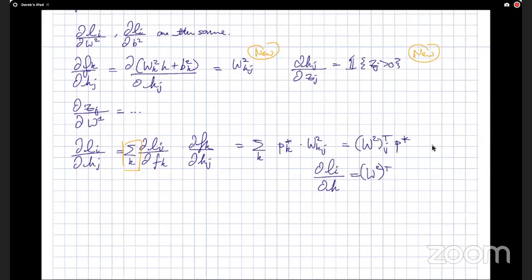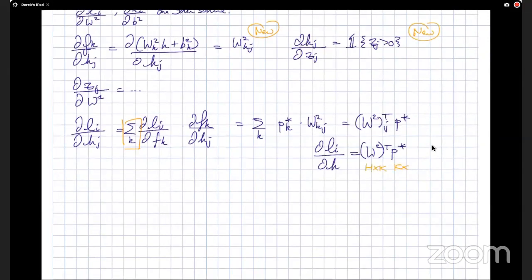And, as someone was saying in office hours, you just check by looking at the dimensions of these things. What is W2? W2 was K by H. So this is H by K. P is K by 1. And voila, we have H by 1.